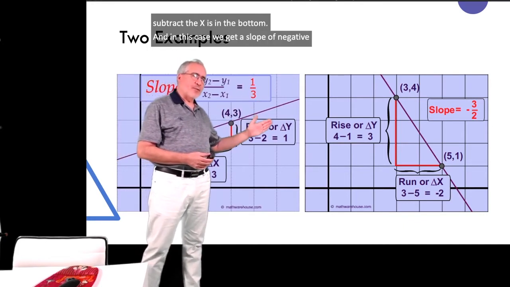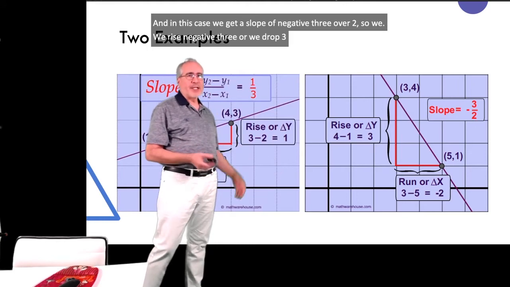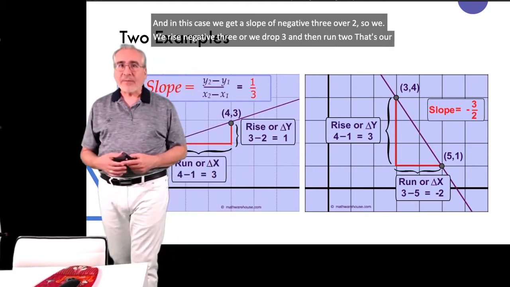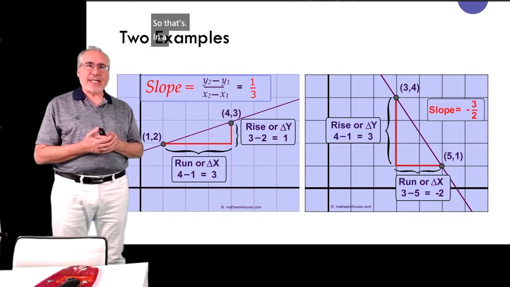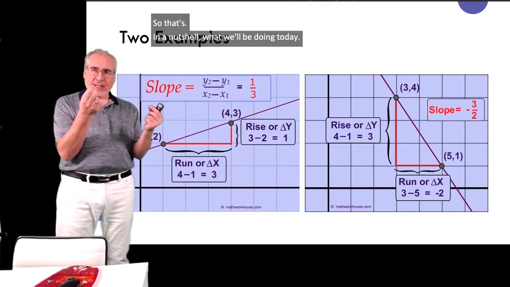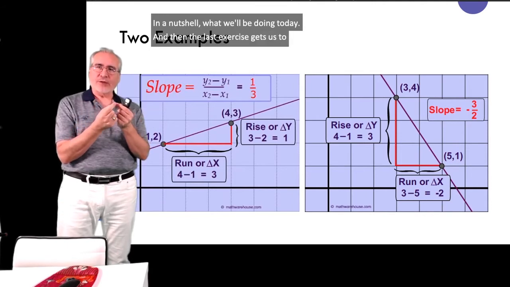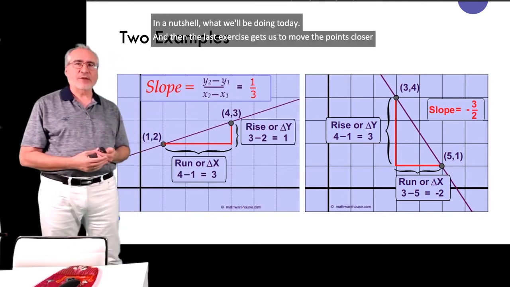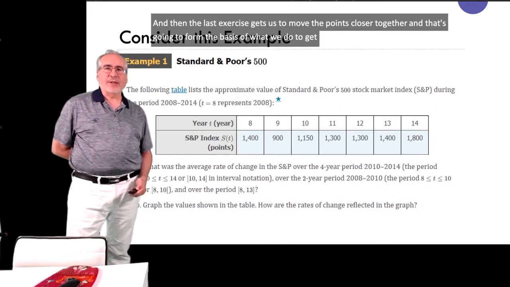So we drop 3 and then run 2. That's our slope. Okay, so that's in a nutshell what we'll be doing today. And then the last exercise gets us to move the points closer together. And that's going to form the basis of what we do to get to something called a derivative.